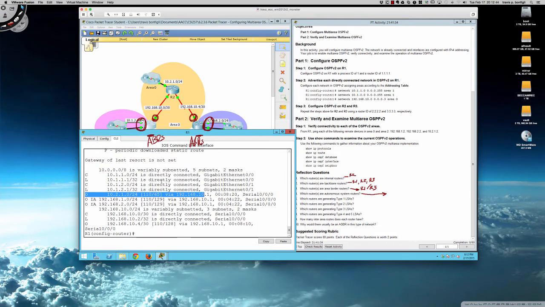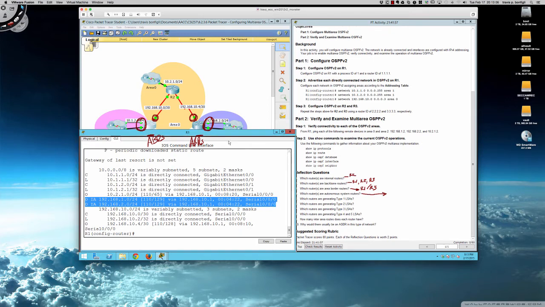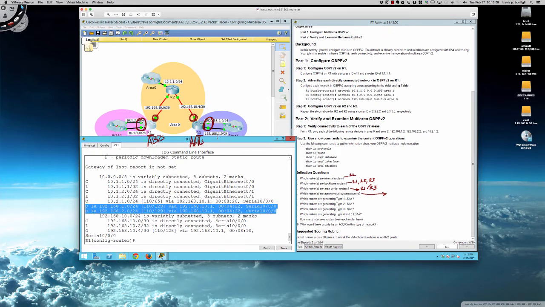So I also have 2 inter-area routes, right? And so these are routes that are from outside the areas that I am in. So router 1 is in area 0 and area 1. If I were to drop this down a skosh, you can see that the 2 prefixes that we're learning about here, 192.168.1.0 and .2.0, are coming out of area 2.